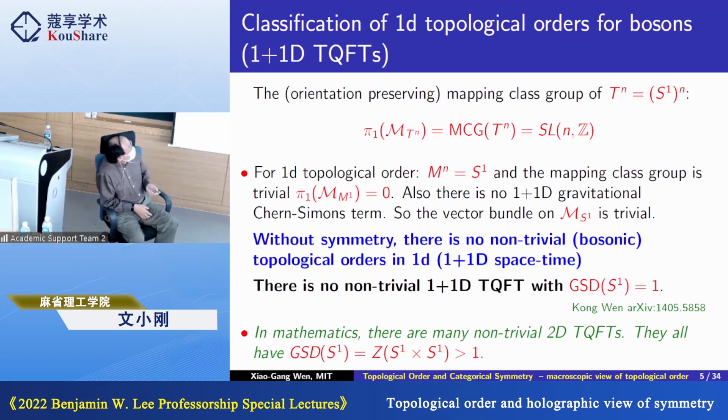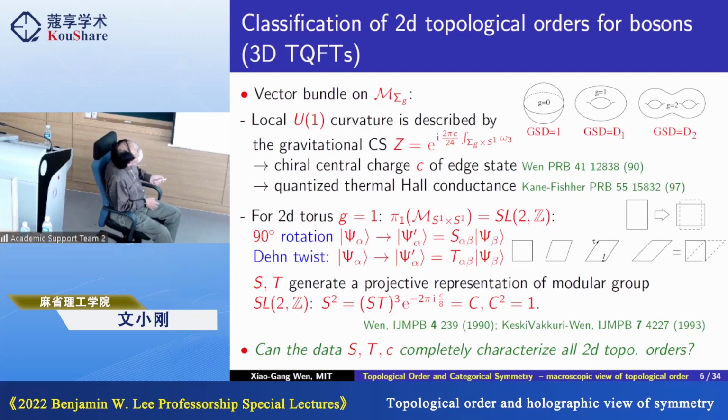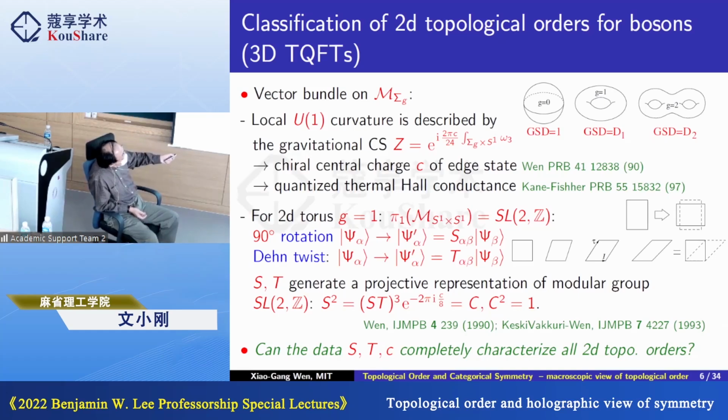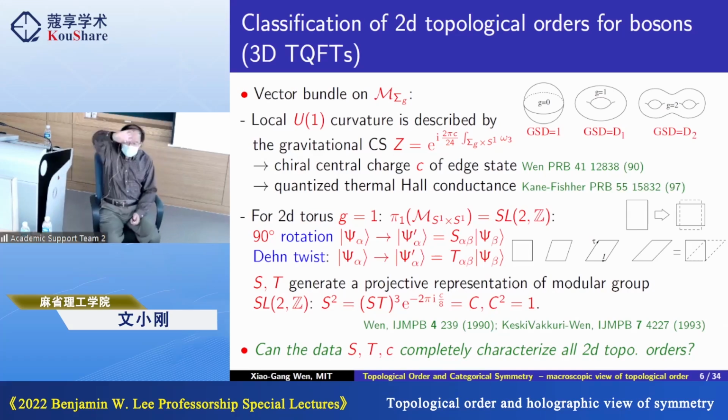Okay, now for two-dimensional topological order, and three-dimensional space-time TQFT, as mentioned, we have ground state degeneracy, we have this vector bundle, and there's a local U(1) curvature which gives us the chiral central charge. For the two-dimensional torus, the mapping class group is SL(2,Z), generated by the Dehn twist and the 90-degree rotation.